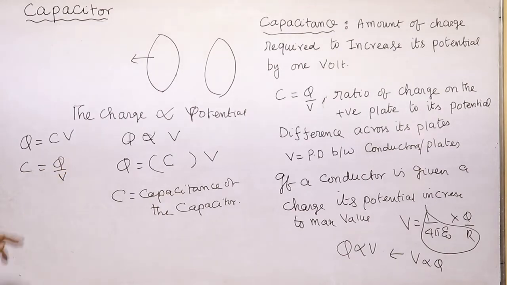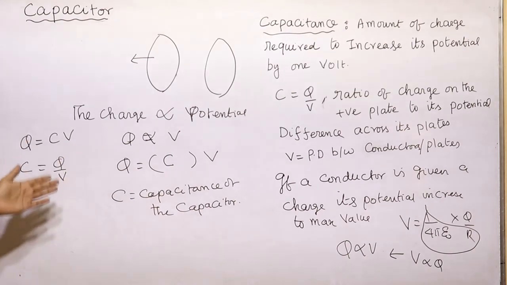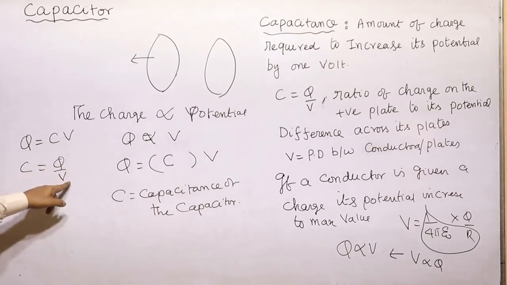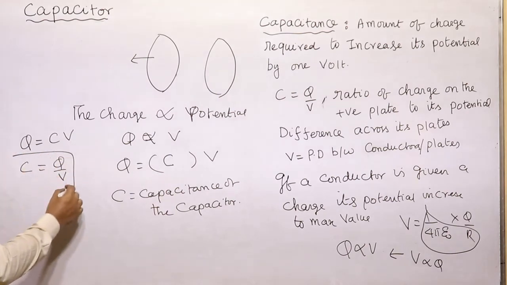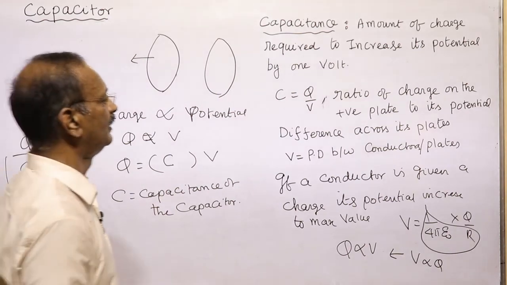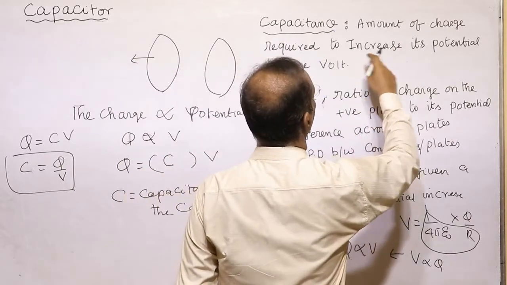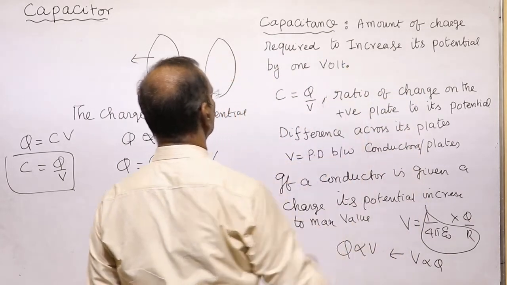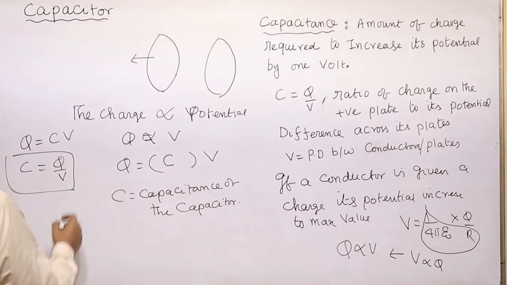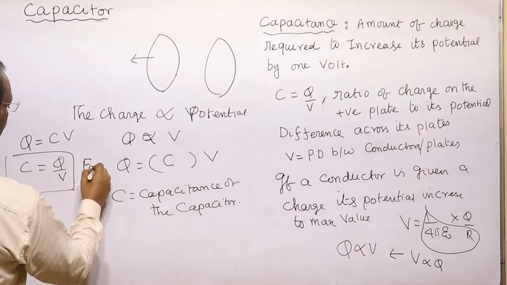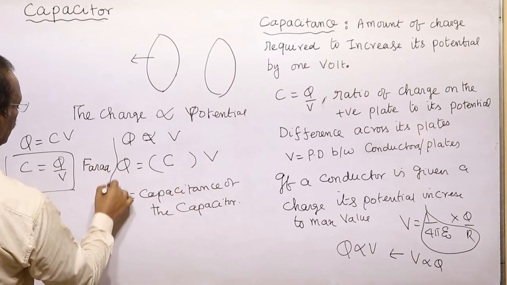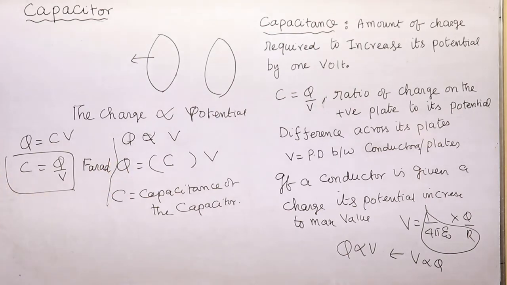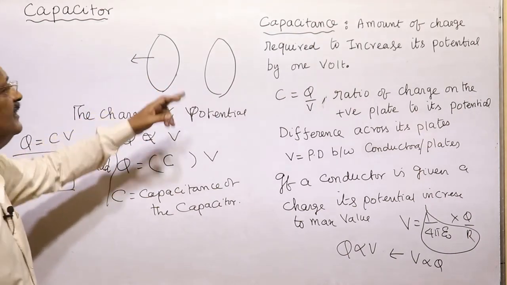So we can define capacitance as charge per unit potential: the amount of charge required to increase its potential by 1 volt. Capacitance is always in farad, where V is the potential difference between these two conductors.